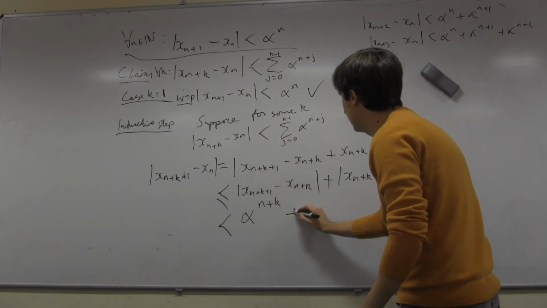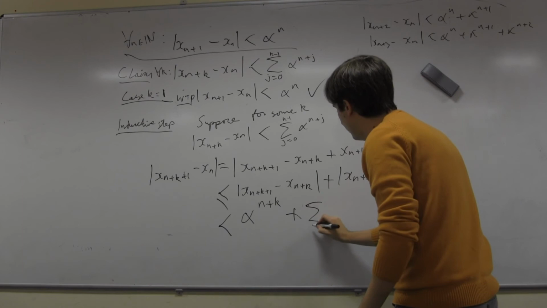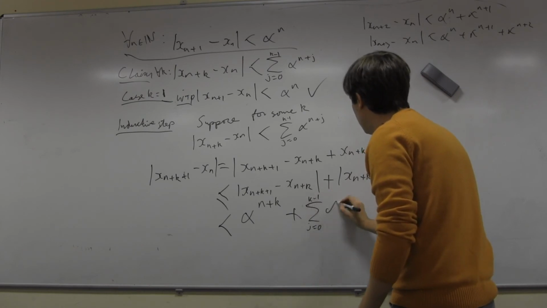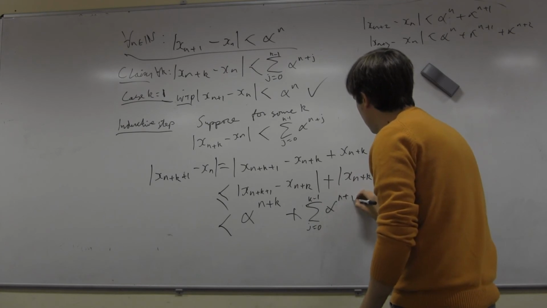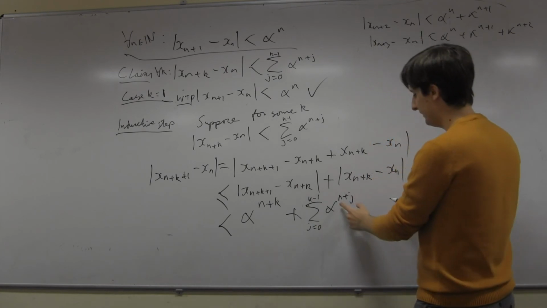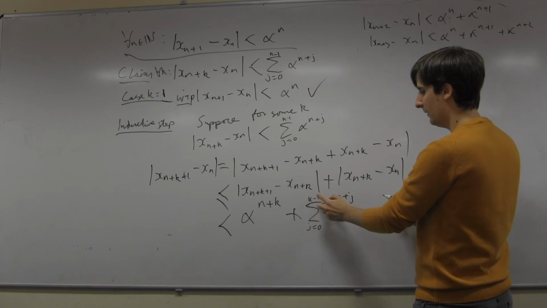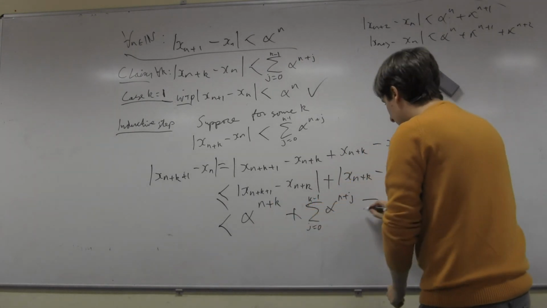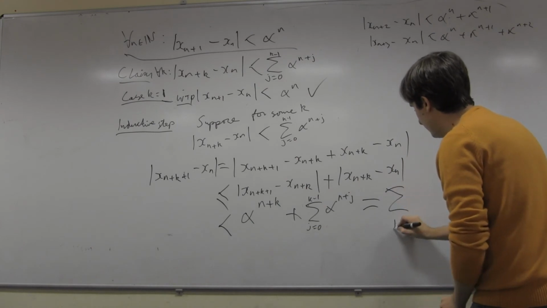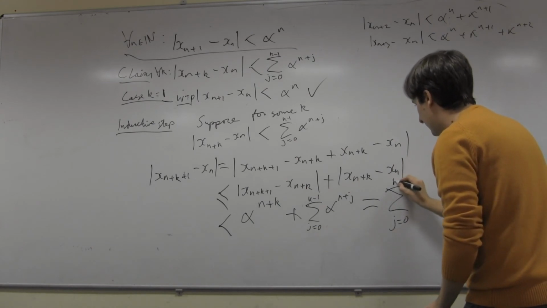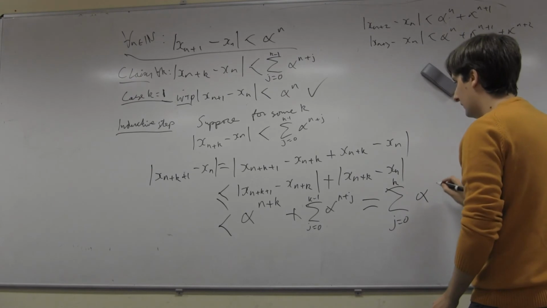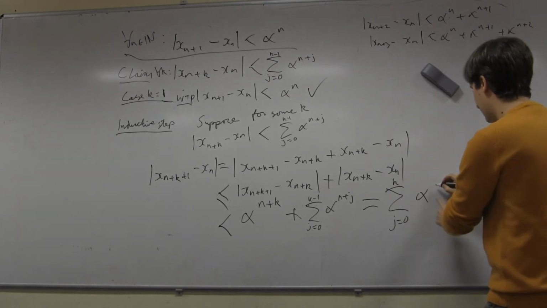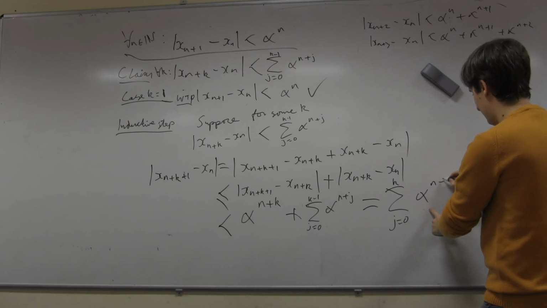So this is less than the sum from j is 0 to k minus 1 of alpha to the n plus j. The last term here is alpha to the n plus k minus 1. We now have an extra term on the end, which is alpha to the n plus k. So this is the sum from j is 0 to k of alpha to the n plus j.